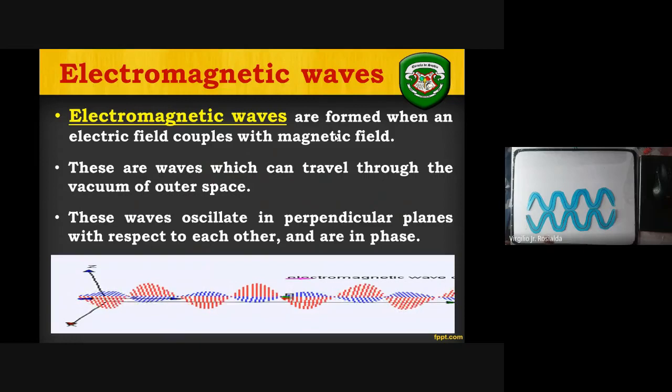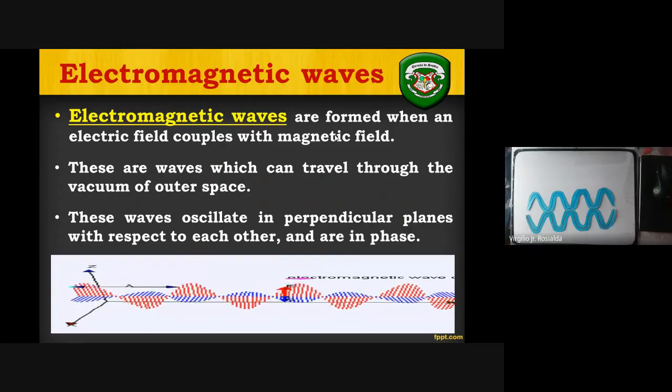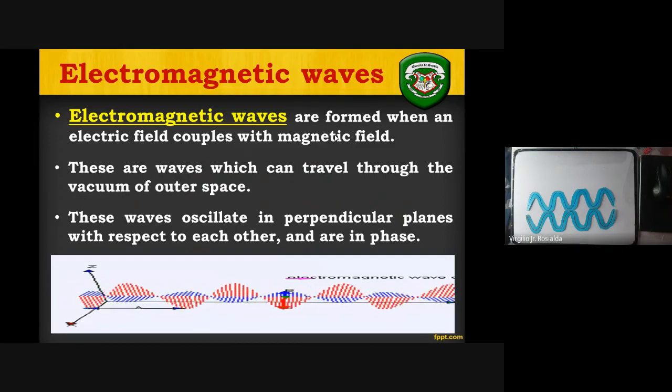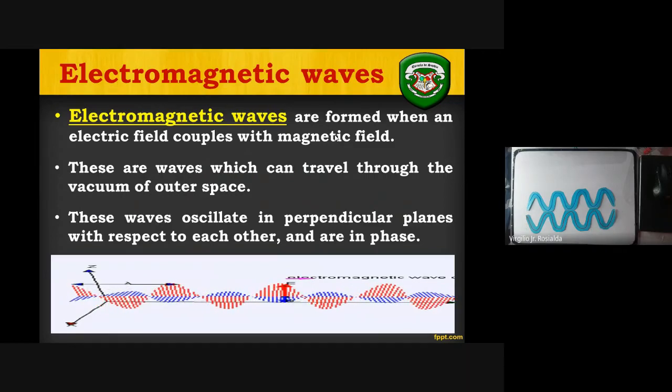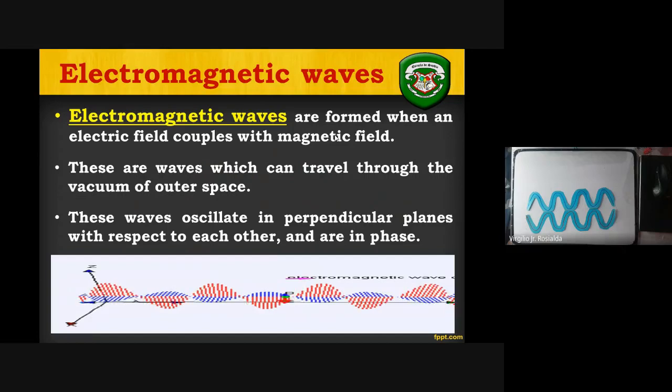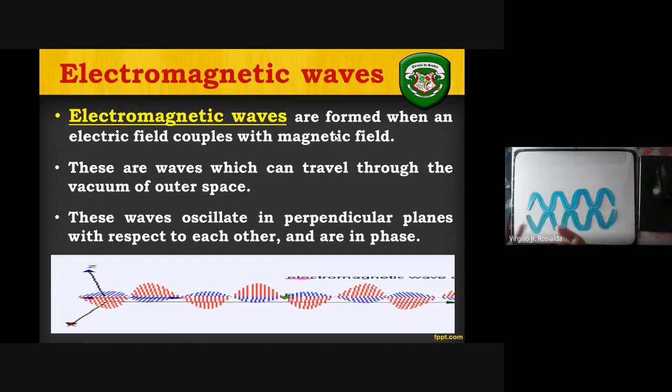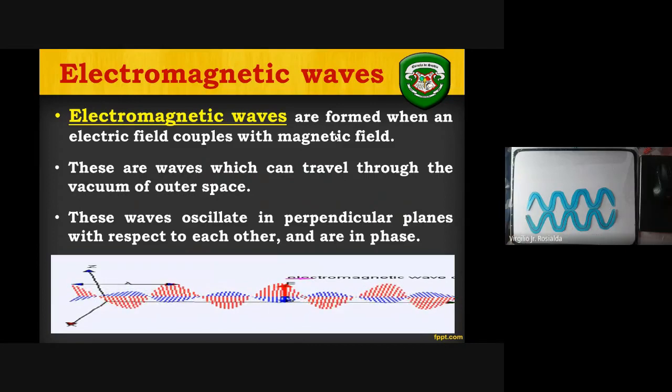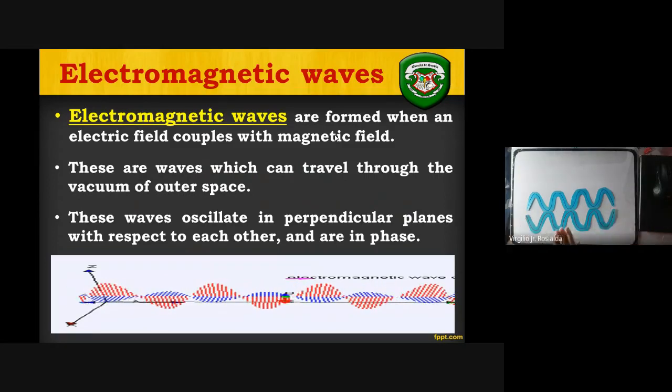So these are waves which can travel through the vacuum of outer space. As I said, an electromagnetic wave is a wave which does not require a medium at all. That's why an electromagnetic wave is often used in outer space. So lagi siyang ginagamit sa mga outer space for signal, for GPS, for taking pictures of different planets kahit sobrang layo na nila.